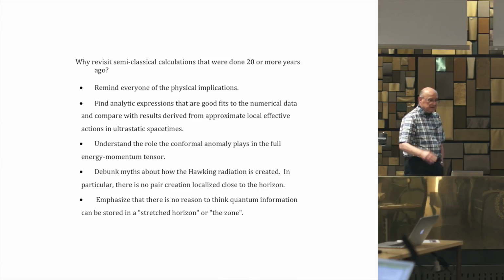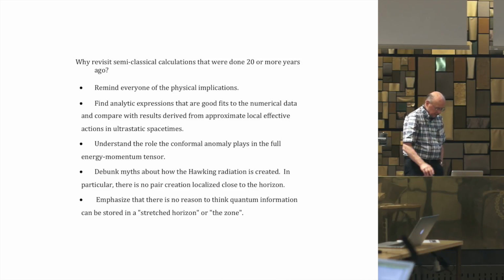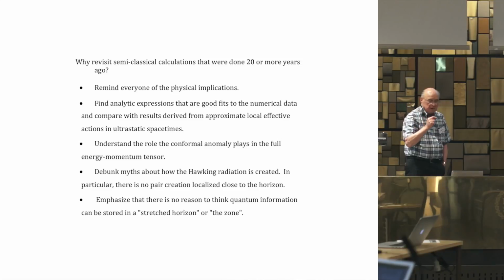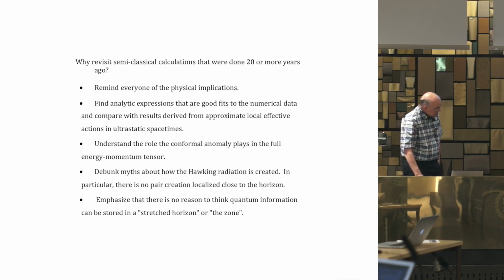It's really created at the potential barrier, which is around r equals 3M, and all that happens at the event horizon is that negative energy is flowing in, but there's no pair creation occurring at the event horizon in some small region. In particular, models which try to calculate the Hawking radiation by assuming some sort of tunneling over a Planck distance around the horizon are just wrong.